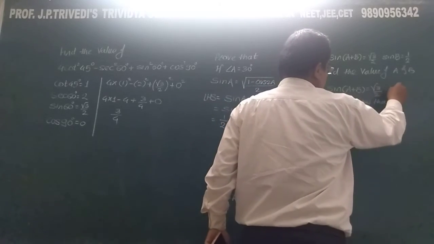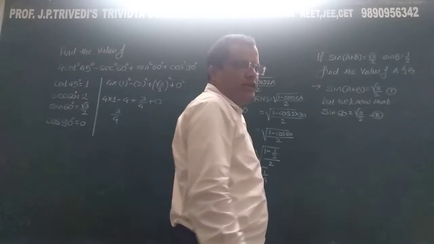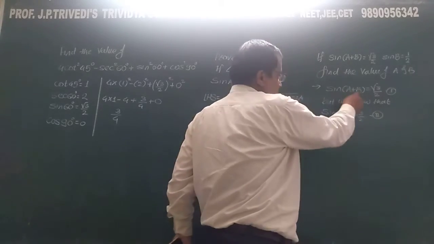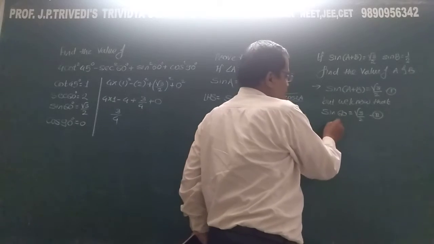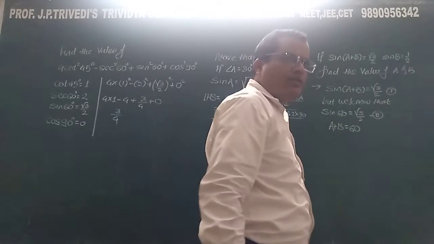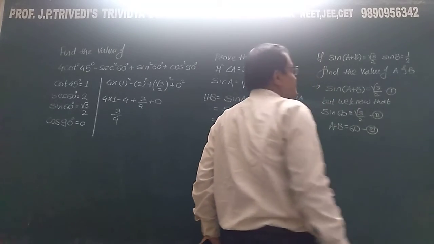So from equation number 1 and equation number 2, we can say that a plus b is equal to 60. So we write a plus b is equal to 60, equation number 3.